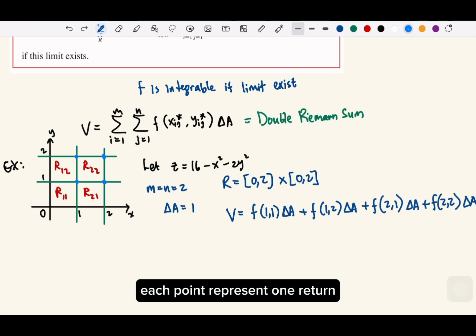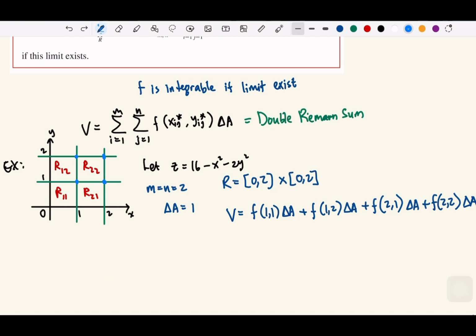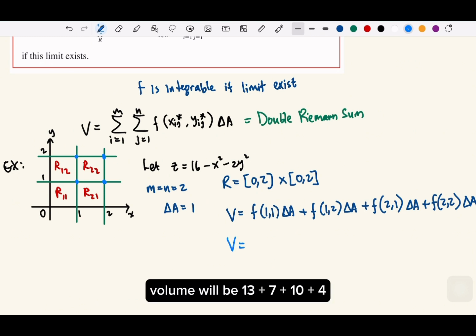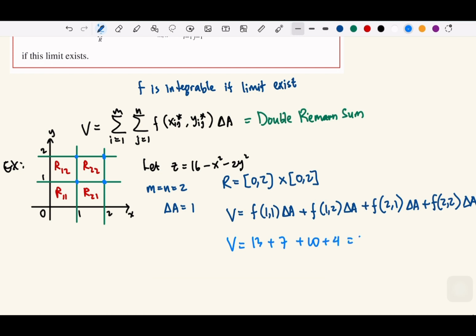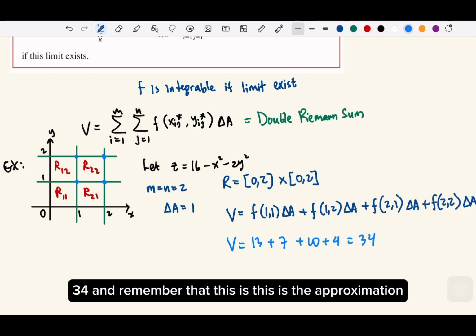So you can choose any point as long as each one represents 1. Each point represents 1 rectangle, so you can just add all the volumes. The volume will be 13 plus 7 plus 10 plus 4, which is 34. Remember that this is an approximation.